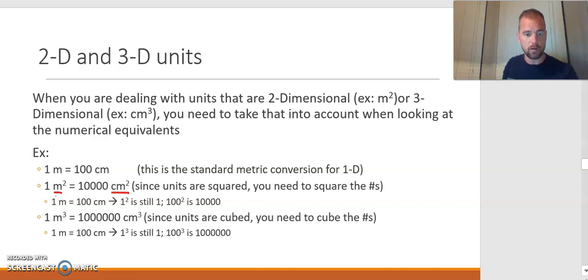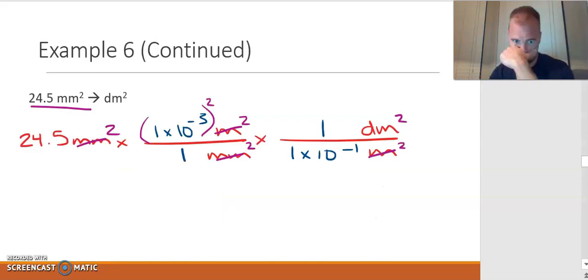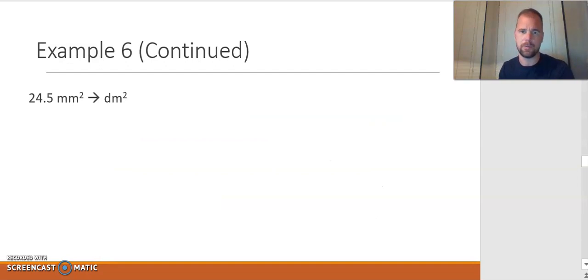Well, we squared the number 1 and we squared the number 100. 1 squared is still 1, but 100 squared is 10,000. We would do the exact same thing if the units were cubed. So remember, if you cube or square the units, the numbers also have to be cubed or squared respectively as well.